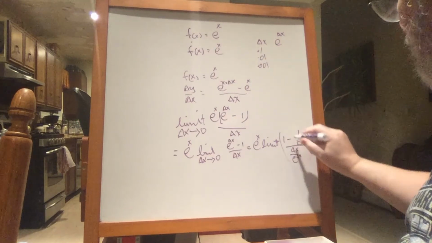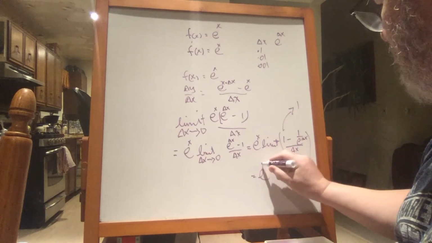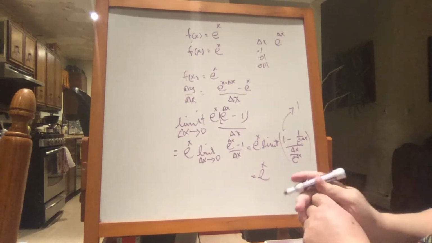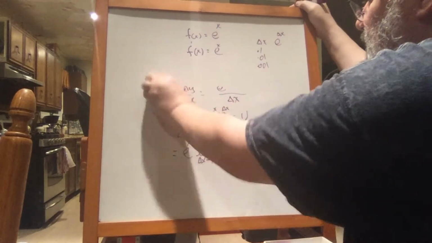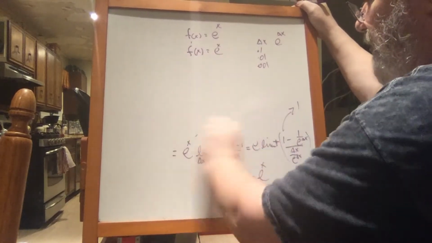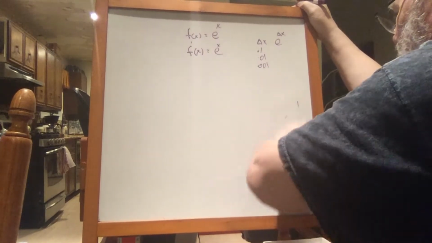We see that this whole limit goes to 1, and we're left with e to the x. And so that's how we found this derivative for e to the x.